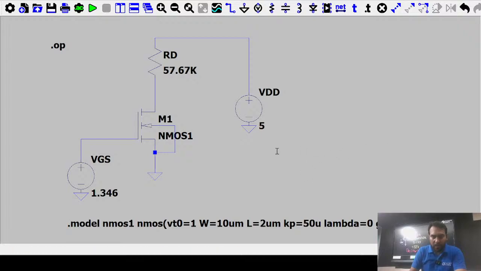That is command text, and you have this type of value. What I am doing, just repeat it. So I put VGS here. On the basis of that, I put in W and L and the KP and lambda and gamma. Okay, and I am trying to figure out what is wrong.